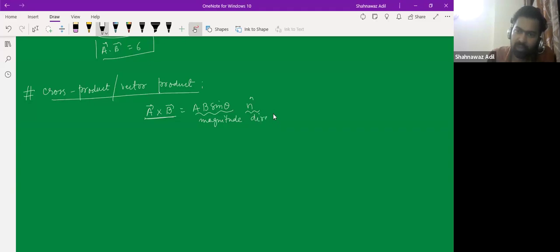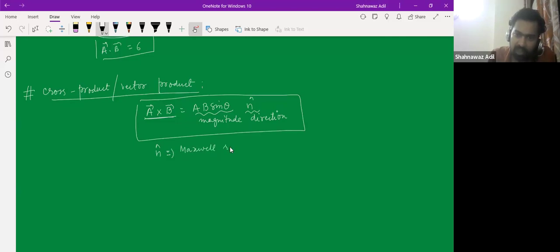So how do we determine this direction? Right. So n hat is determined using the idea of Maxwell's right hand thumb rule. So from using this thing, we get the direction of n hat.